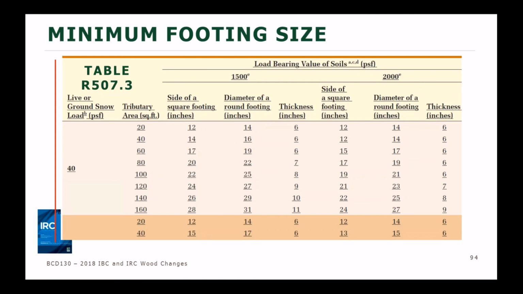You have the tributary area of the deck coming down to that post and footing. And then it's assuming either a square footing or a round footing, because again, across the country, it varies a lot as far as what footing shape people are using. And lastly, it gives you a minimum thickness for that footing. So we now have the dimensions of a footing that you would need for a deck.